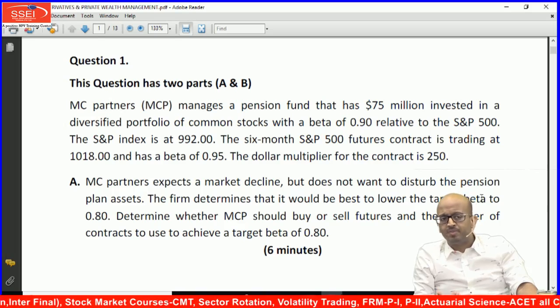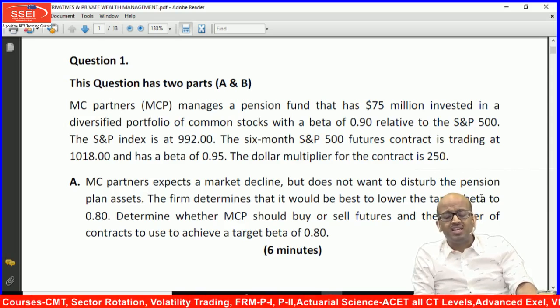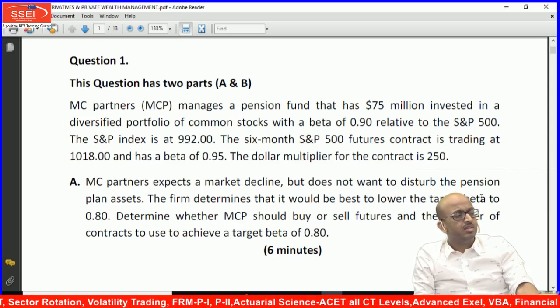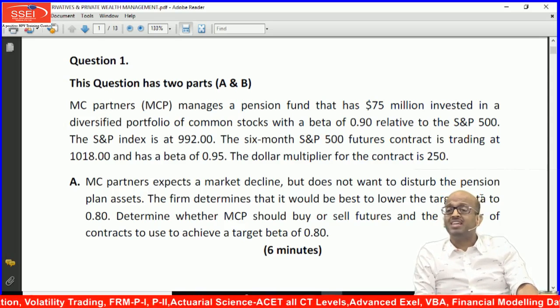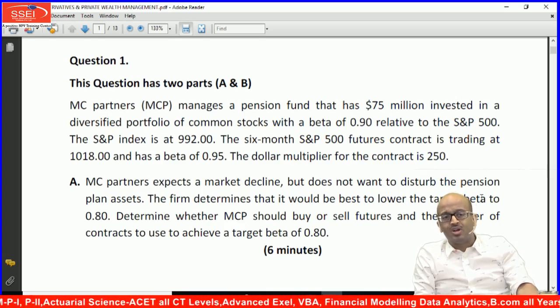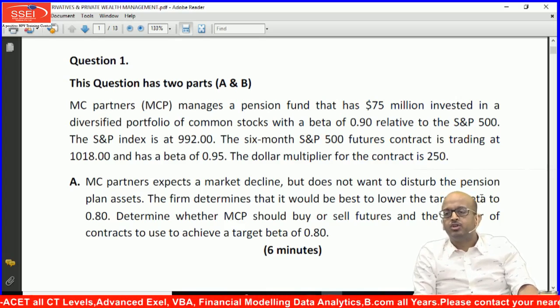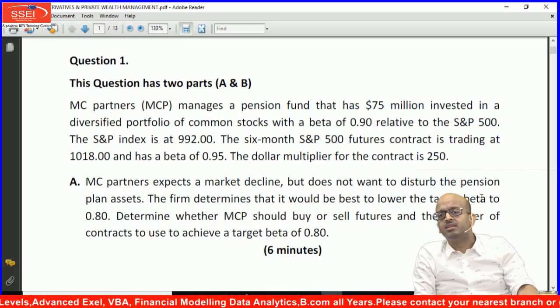Now, let's stop and give some time to the question. If you have a portfolio of 75 million with a beta of 0.9, can I say that you are indirectly long on S&P itself to the tune of 75 into 0.9?